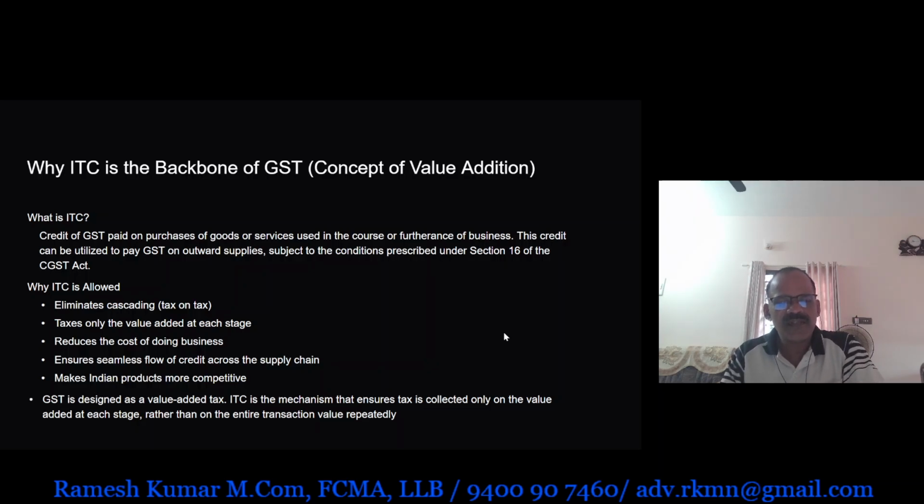Let us first understand why GST was introduced and why the ITC concept was introduced in GST. Let me give you an example. Suppose a manufacturer purchases raw materials by paying GST. If that GST cannot be claimed as credit, it becomes part of the cost of the product.